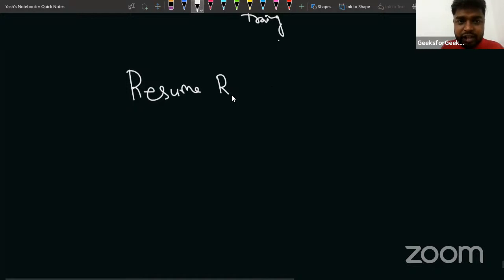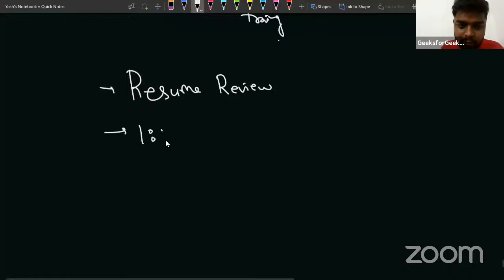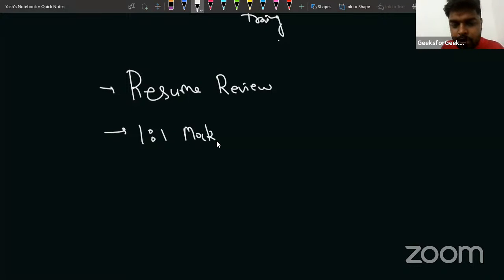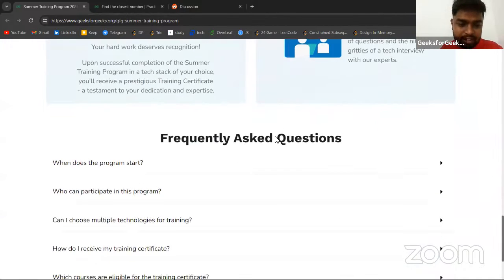Then after that, you might also get a chance for 101 mock interviews, given to you by our top mentors. Those who have given interviews for Google and other companies, or have worked there and are now working for Geeks for Geeks, will take your interviews if you are one of the top performers. So these are the advantages.